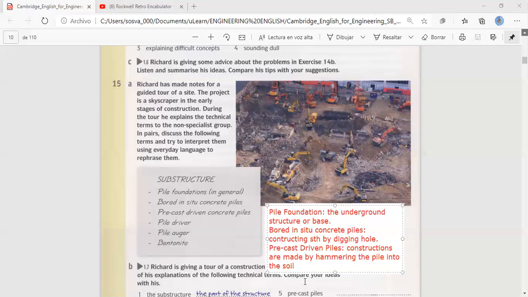So that's it. The next is pile driver. Well, in this case, he can explain about the machine, showing the machine digging, where the function is digging on the surface and making holes that he can put some things in, like, I don't know.